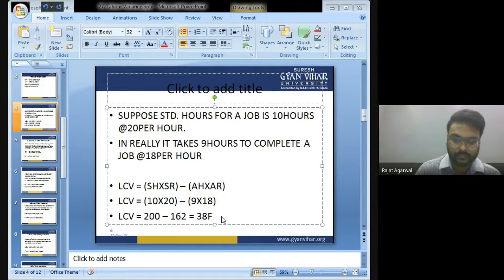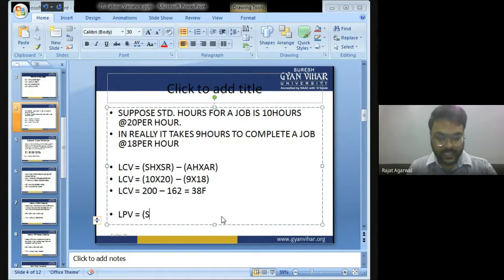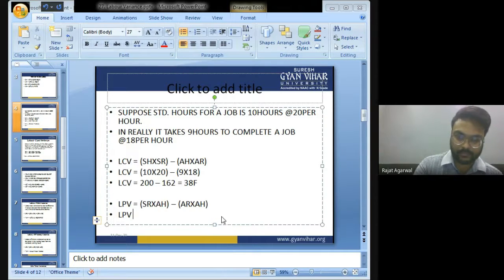Now, labor price variance. The formula of labor price variance is standard rate into actual hours minus actual rate into actual hours. Standard rate is 20 into actual hours is 9.